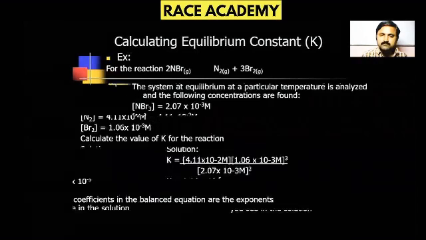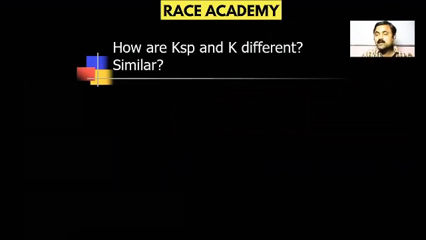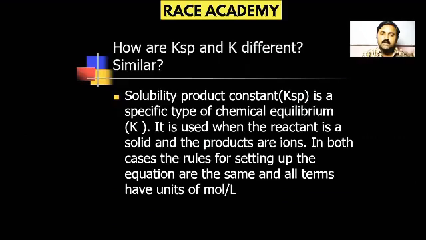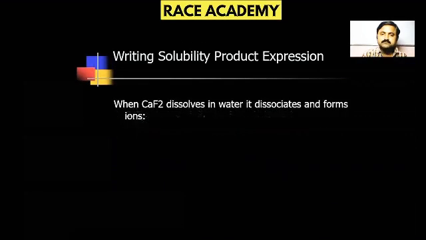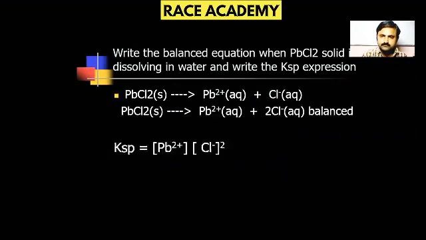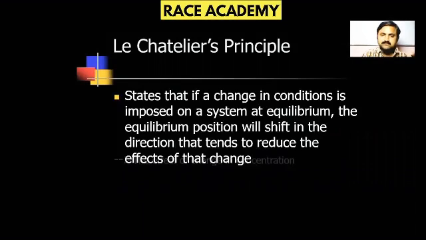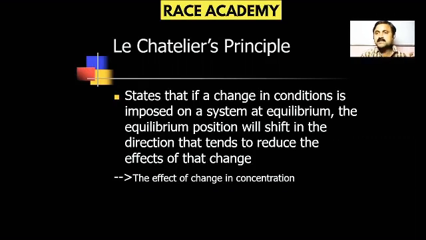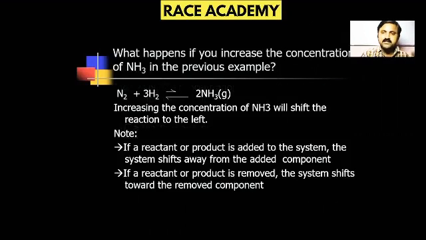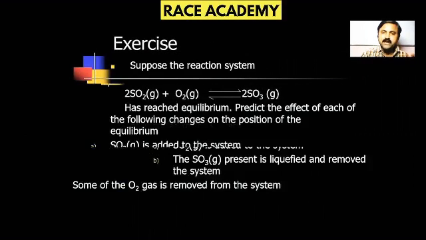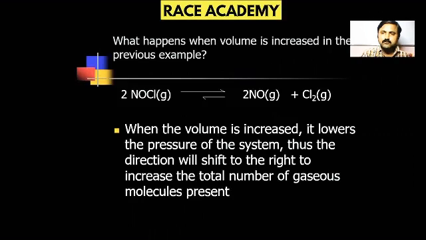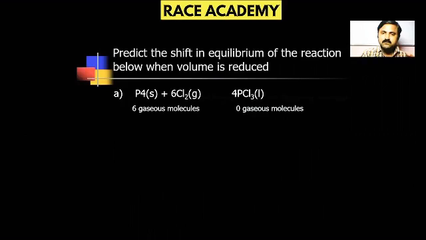Also I introduced what Ksp, the solubility product, is, and how it is different from the equilibrium constant. What is the solubility product of the calcium fluoride equation, and some important things. The most important point is Le Chatelier's principle, and I discussed its application by taking the ammonia equation and the sulfur trioxide equation, and the effect of changes in volume, concentration, and pressure was also discussed in this session.